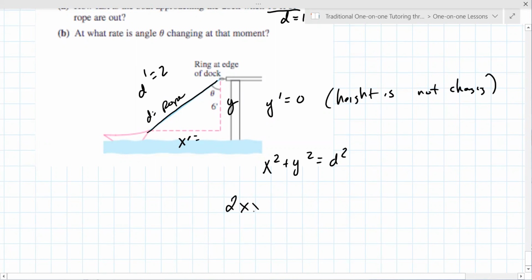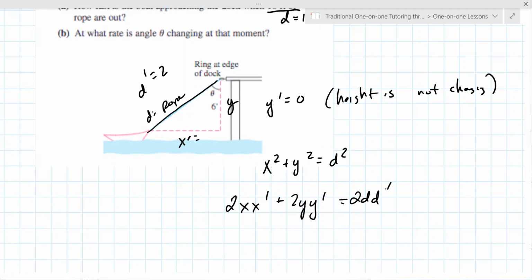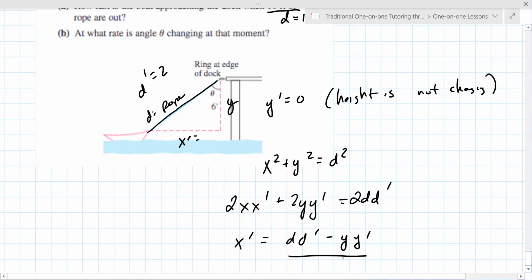So it's 2x x prime plus 2y y prime equals 2d d prime. Now all the twos cancel, and we're solving for x prime. So x prime equals d d prime minus y y prime over x.